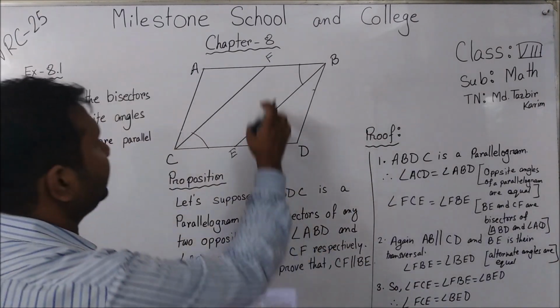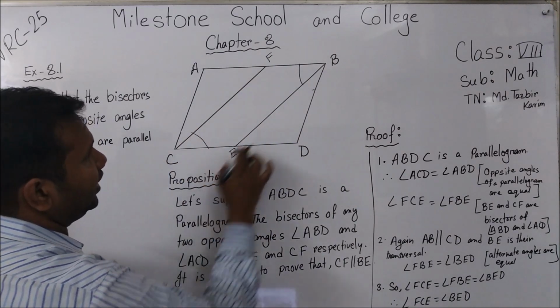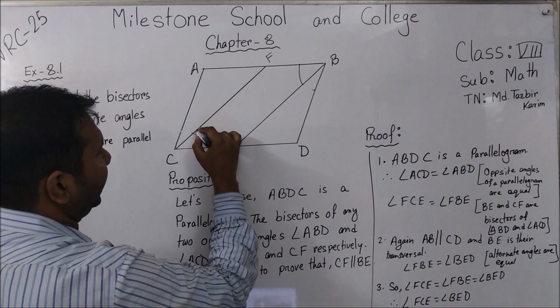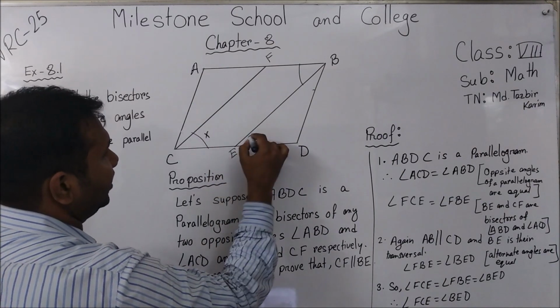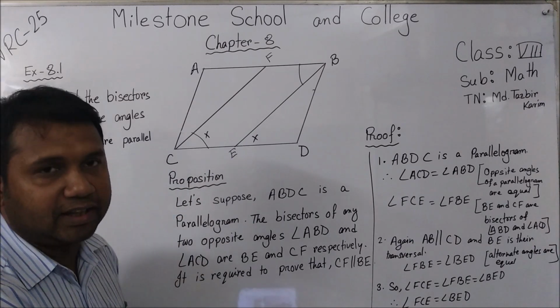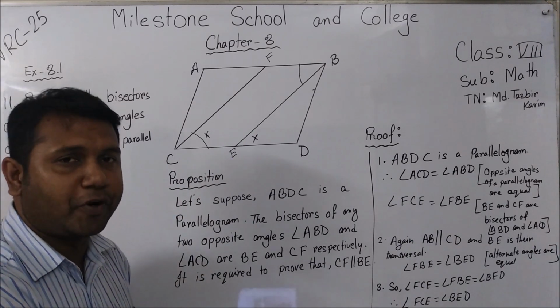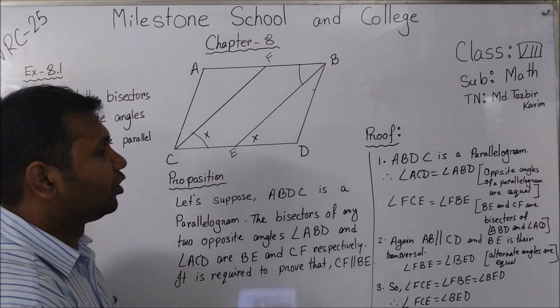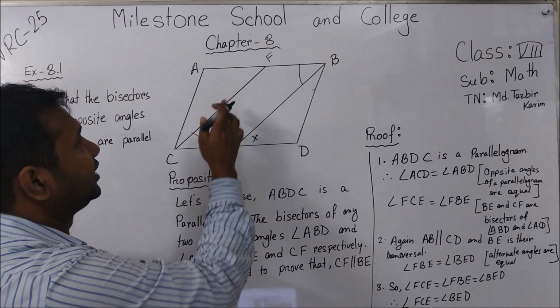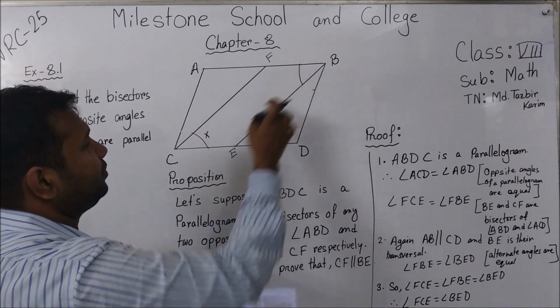Look at it. This is FCE and BED. So this angle and this angle are equal. But look at them. They are corresponding angles. So if they are corresponding angles, then we can tell that CF and BE are parallel lines.